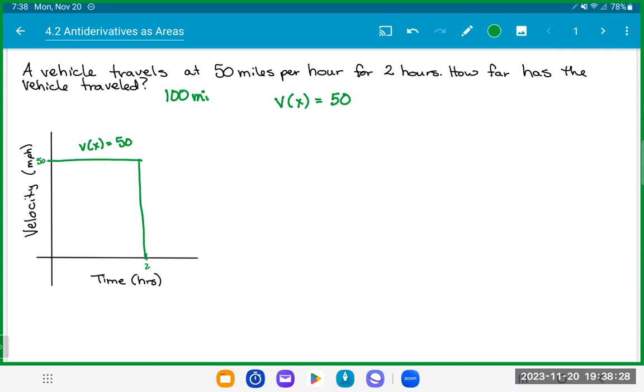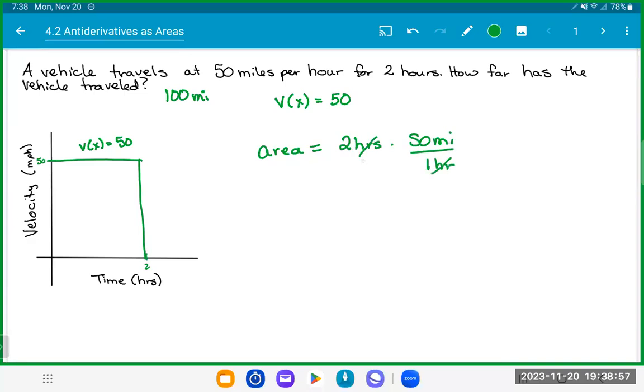So I've obtained this rectangle here now. This rectangle measures 2 units horizontally by 50 units vertically. So its area is the distance that the vehicle has traveled. The area is going to be 2 hours times 50 miles per 1 hour.